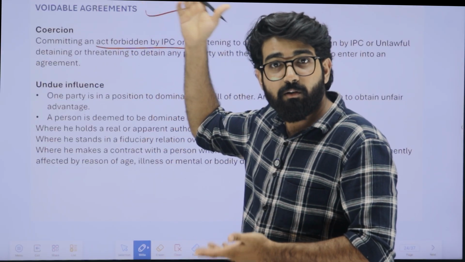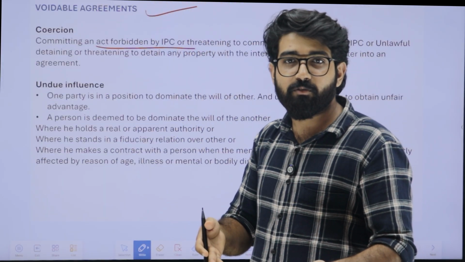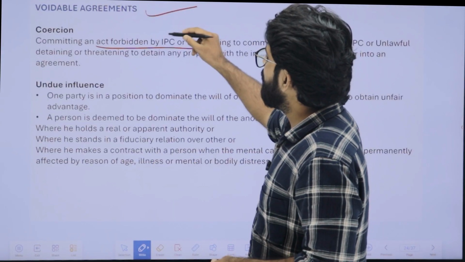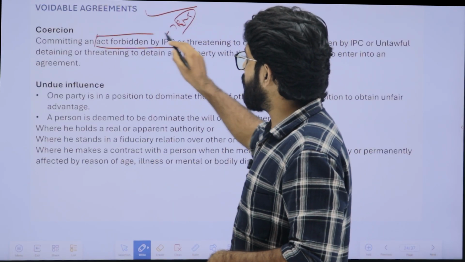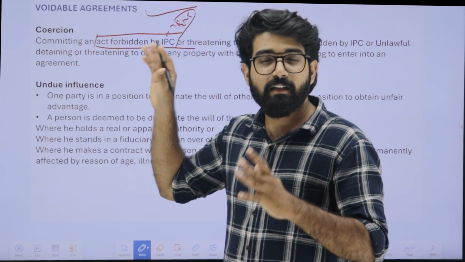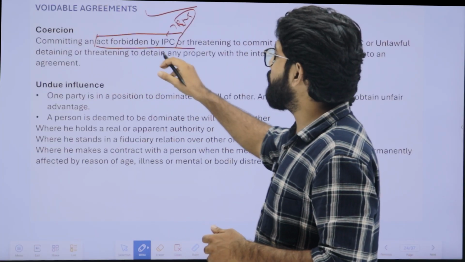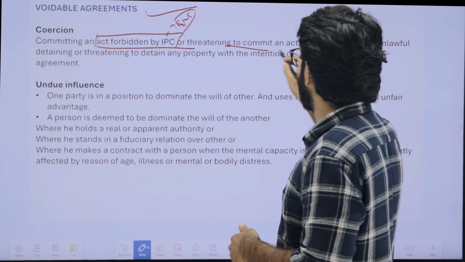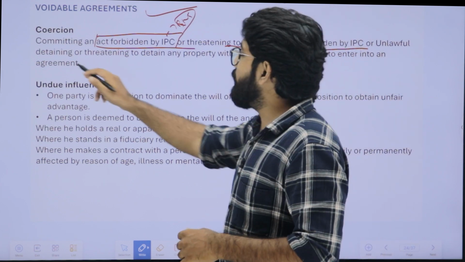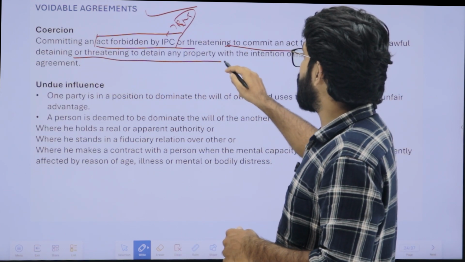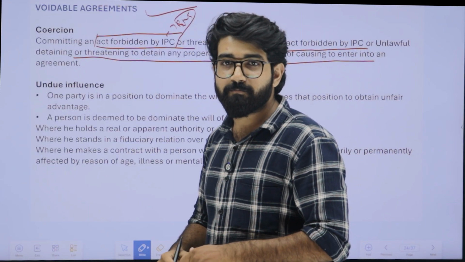This was the old law. The Indian Contract Act is a pre-constitutional law. The BNS was only introduced in 2023, so now we can say BNS, but the Indian Contract Act expressly says IPC. Committing an act forbidden by IPC, or threatening to commit an act forbidden by IPC, or unlawfully detaining or threatening to detain any property, with the intention of causing any person to enter into an agreement.